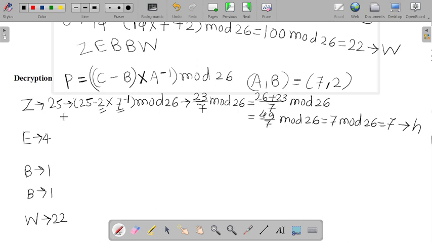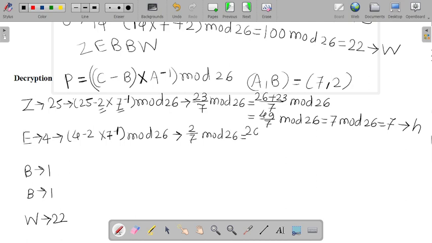We have to solve this for all the letters. For E, we write 4 minus 2 into 7 inverse mod 26. So 4 minus 2 is 2, and 2 divided by 7 mod 26. Now 2 is also not divisible by 7.